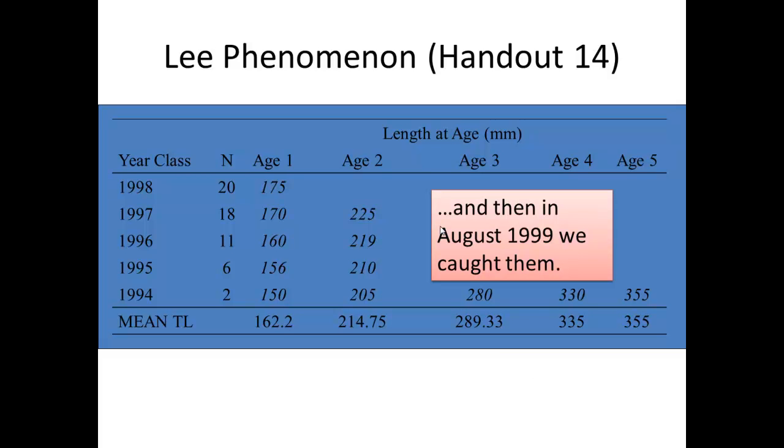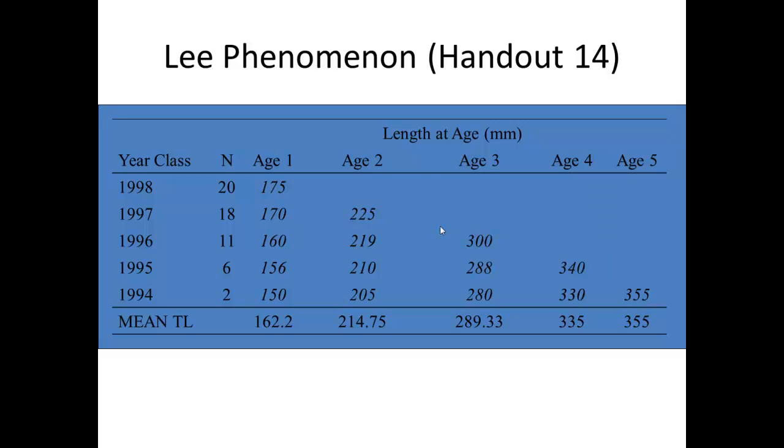And so study this table and make sure you understand how all these year classes work and how they relate to the time at which we caught them. We caught them all at the same time, which was August of 1999. And again, this table summarizes the back calculated length at age for each year class.